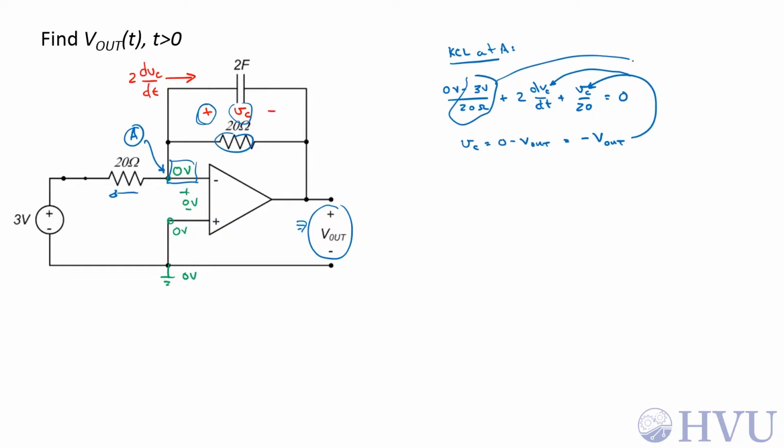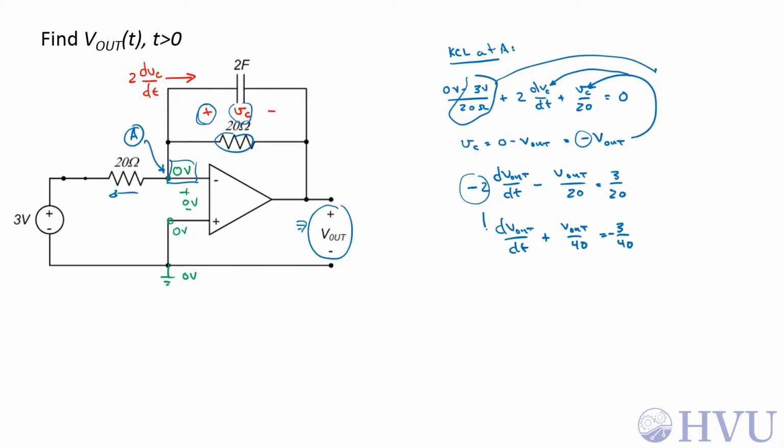Taking the 3 over 20 to the other side, I get 2 times dV out by dt with the negative sign to keep track of this sign change, minus V out over 20 is equal to 3 over 20. Writing that in standard form, I divide out this negative 2, so I get dV out by dt plus V out over 40 is equal to negative 3 over 40.